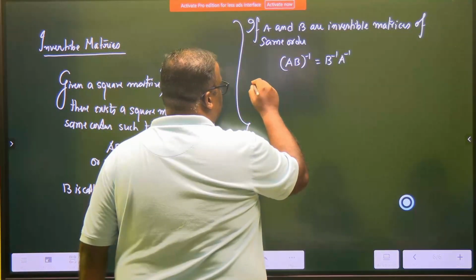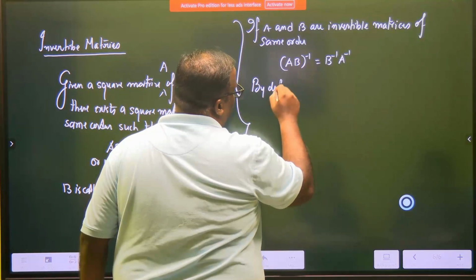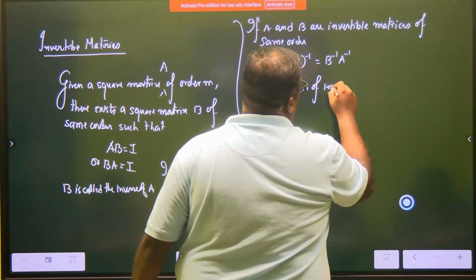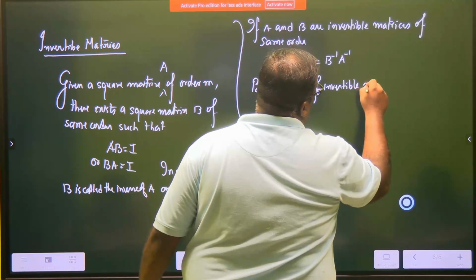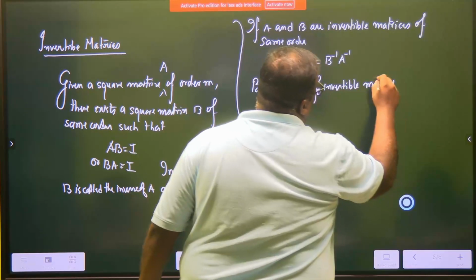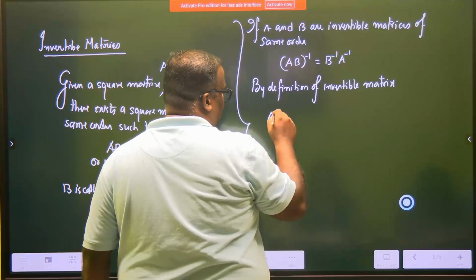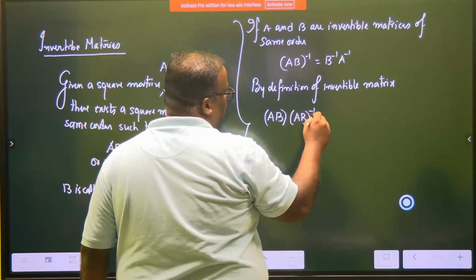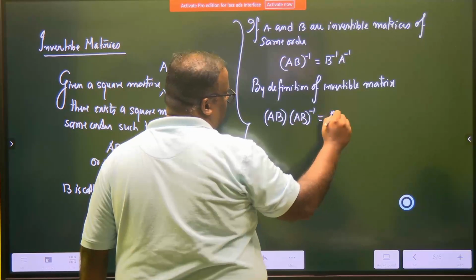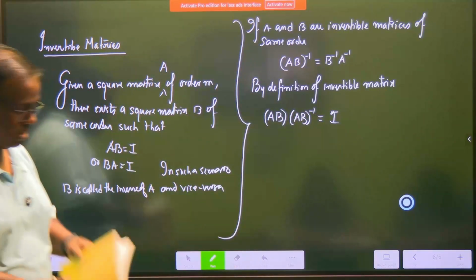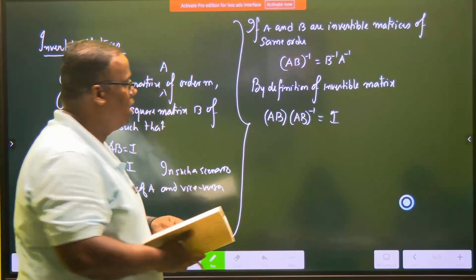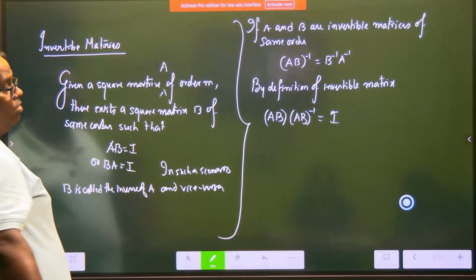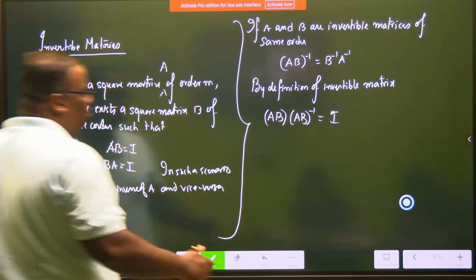Now the first step, it says by definition of invertible matrix. What is the definition of an invertible matrix? A matrix multiplied by its inverse should always be equal to the identity matrix. Fine. There's something that you have to mug up.